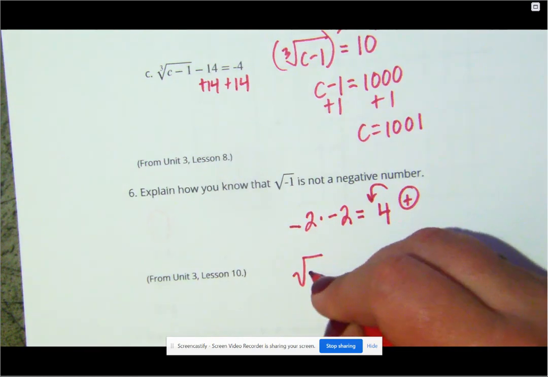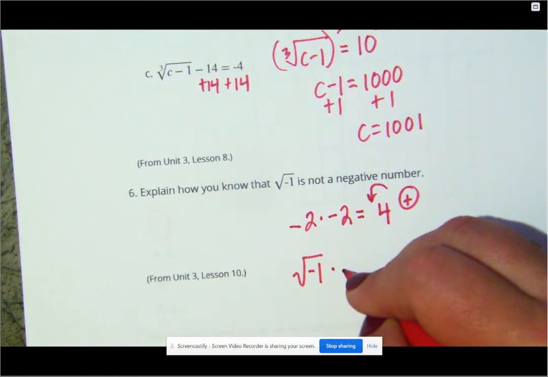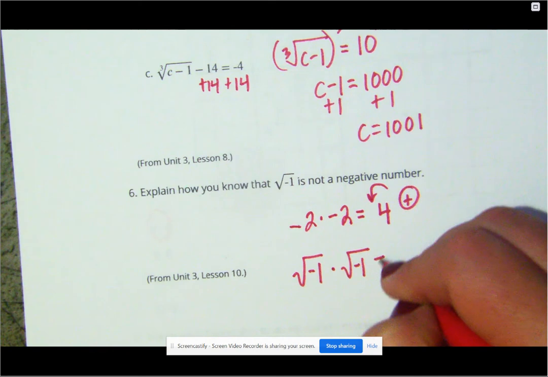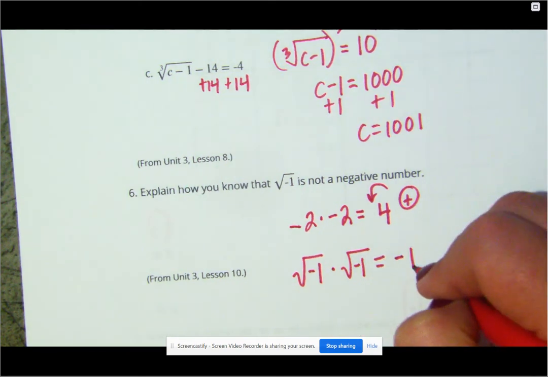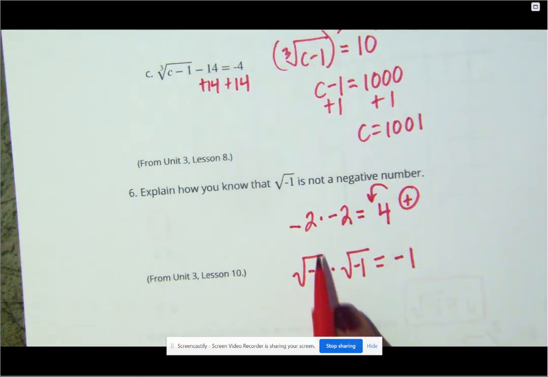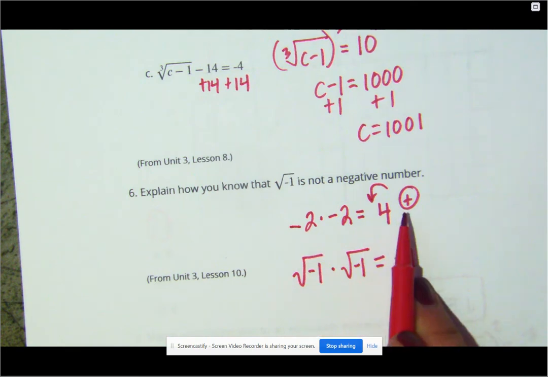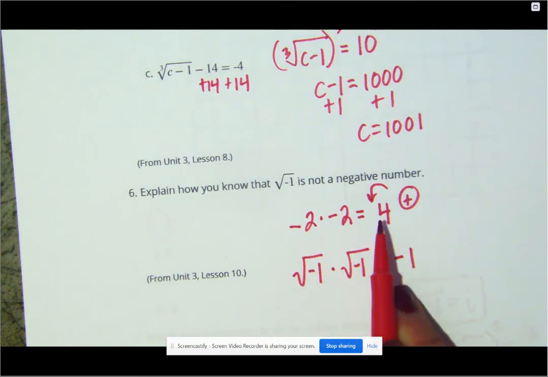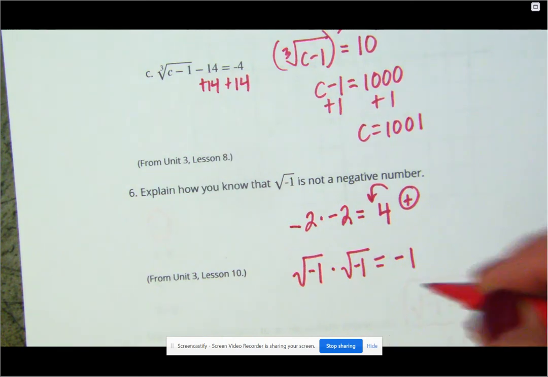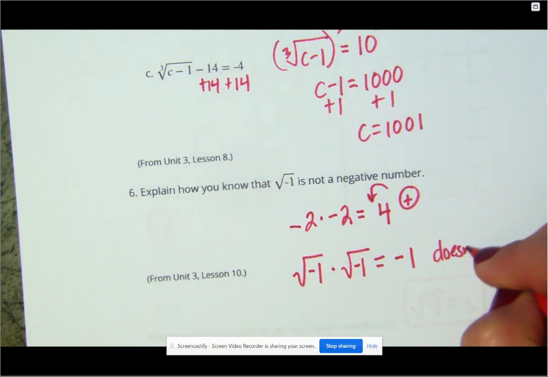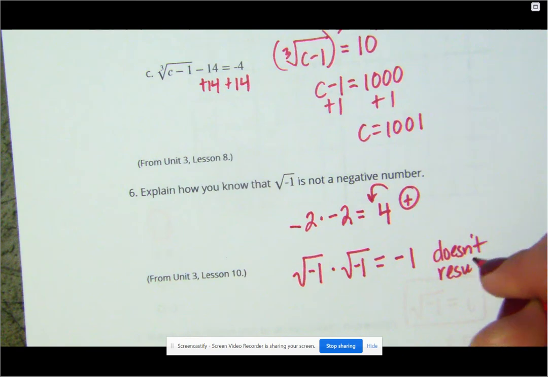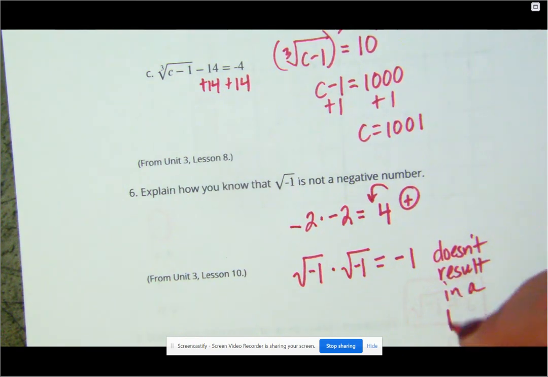If I do negative square root of 1 times negative square root of 1, the answer is -1. That doesn't follow what is true about negative numbers. A negative times a negative should result in a positive. This does not.